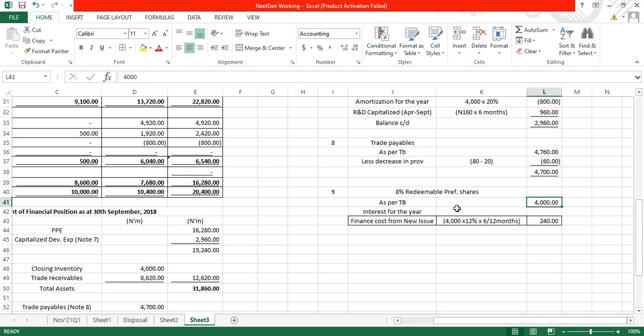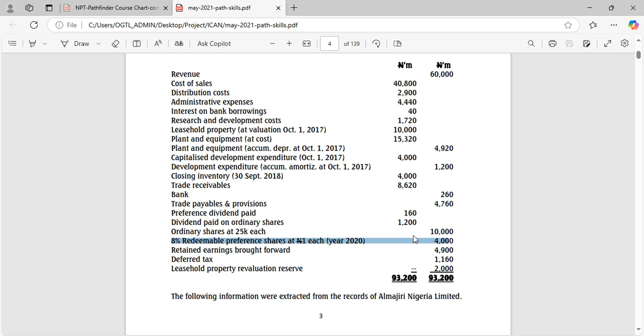So that one also has to be there. So 4,000 at 8%: this 8% was with us for 6 months, while the remaining 12% was for the remaining 6 months.